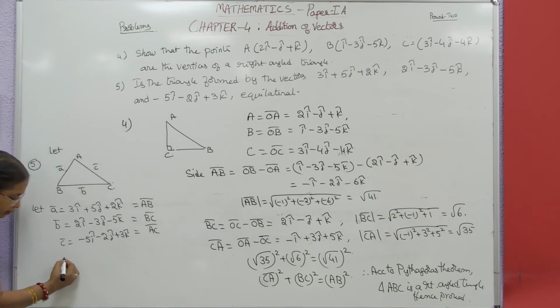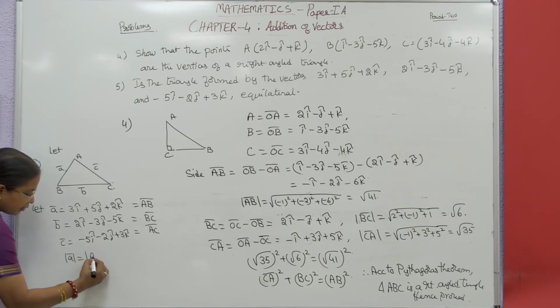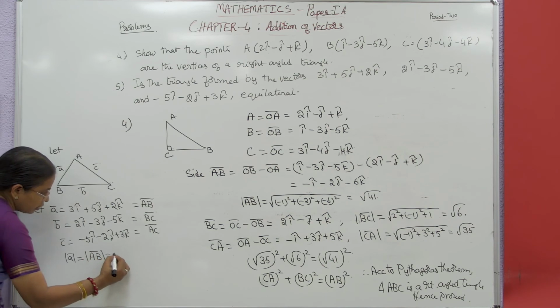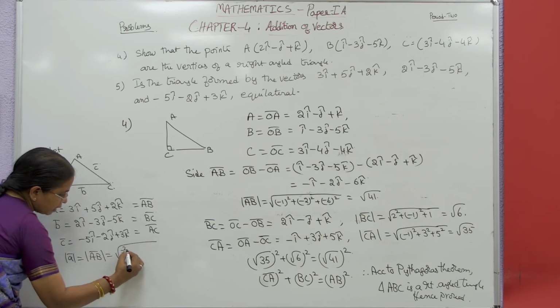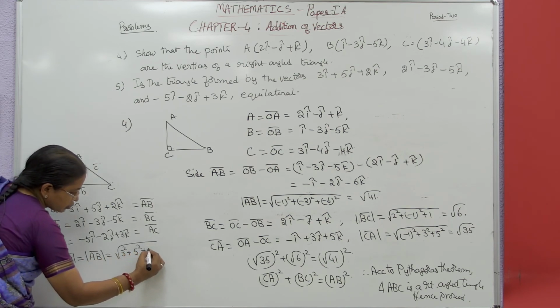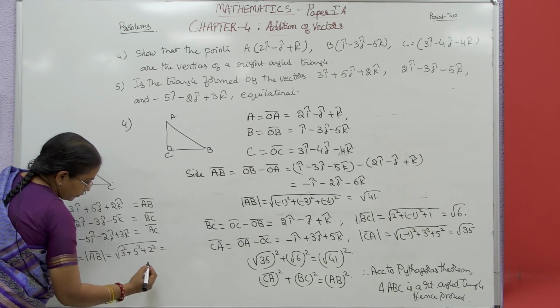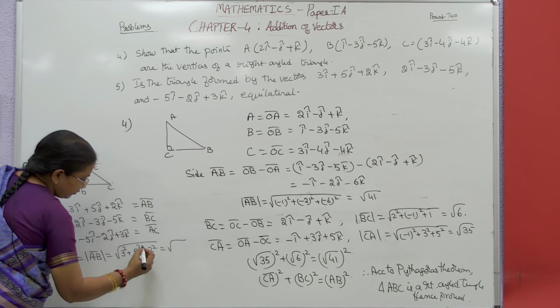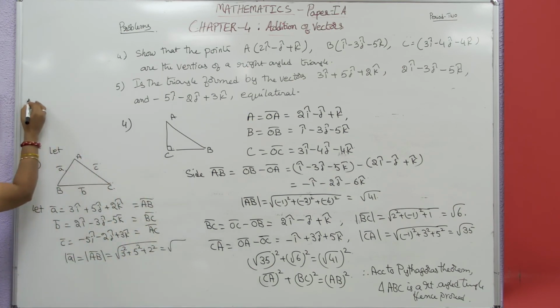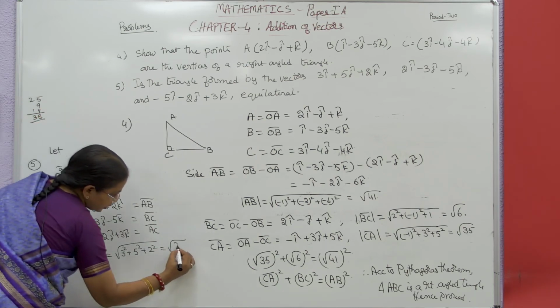So directly you will find the length, mod AB. AB side. What is it? Root of 3 square plus 5 square plus 2 square. How much is it? 25 plus 9 plus 4, 38. So it is root 38.